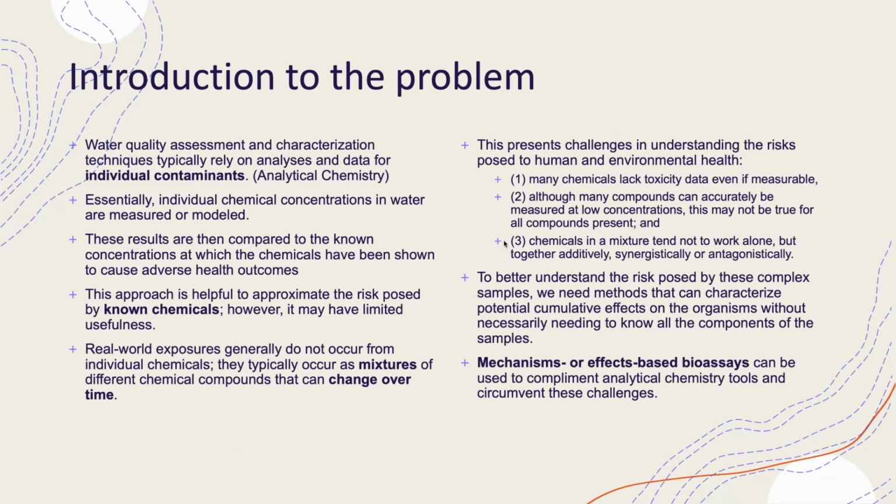So, of course, it is very challenging to start looking at all of these different unknowns coming from a variety of different sources. And the challenges are plenty, and I'm showing three major challenges here. So these chemicals, even though we can detect them, we can measure them, we may not know what their toxicity is.